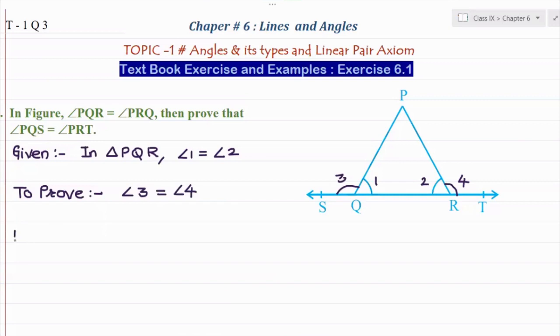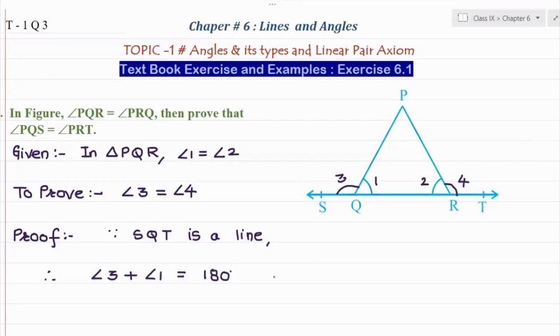Now remember, the heading will come: to prove, and then proof. Okay, first of all, we shall write down: since SQT is a line, we can say that it is forming a line perfectly. Therefore I can say that angle 3 plus angle 1 is equal to 180 degree. How can we say this? By linear pair.